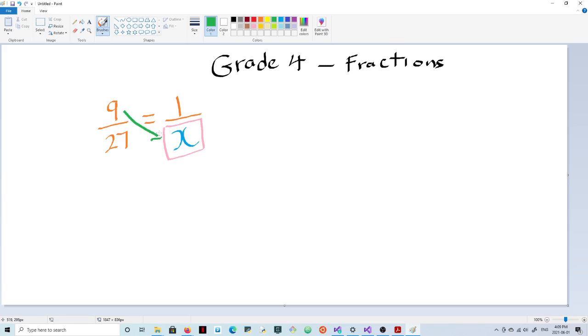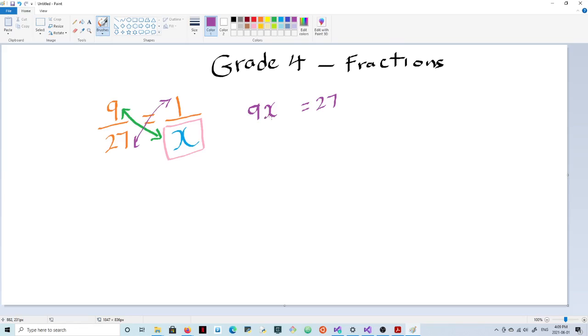You cross multiply 9 by x, and then you multiply 27 by 1. Right? So you'll have 9x is equals to 27.